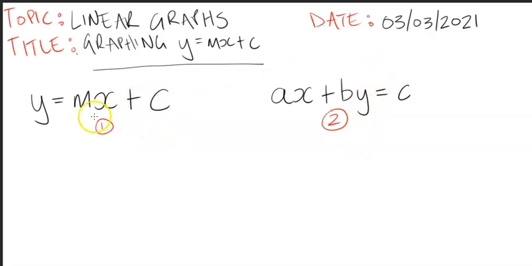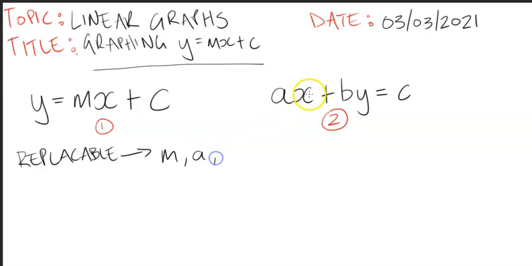And the things that will be replaced when we want to sketch these graphs are m. So the things that are replaceable, this will be the letter m, the letter a, the letter b, and the letter c.